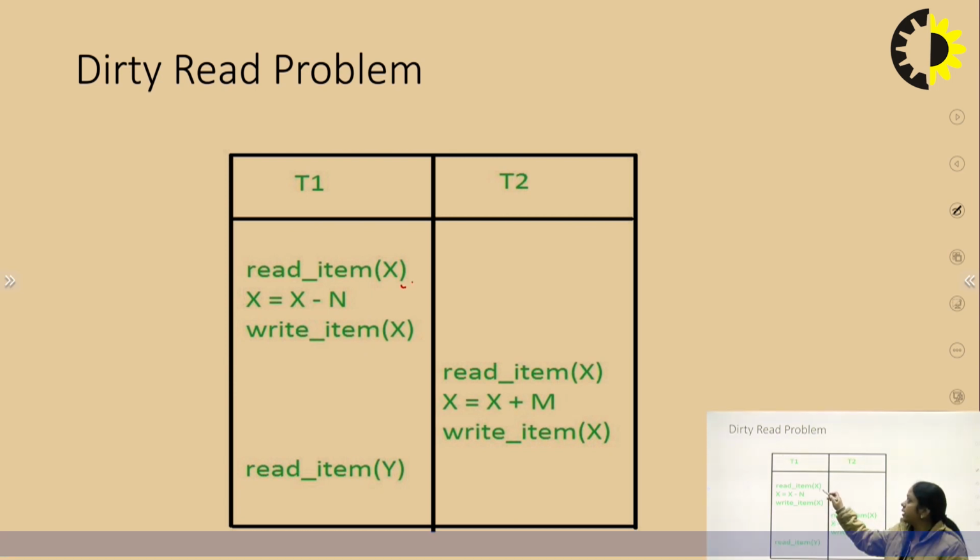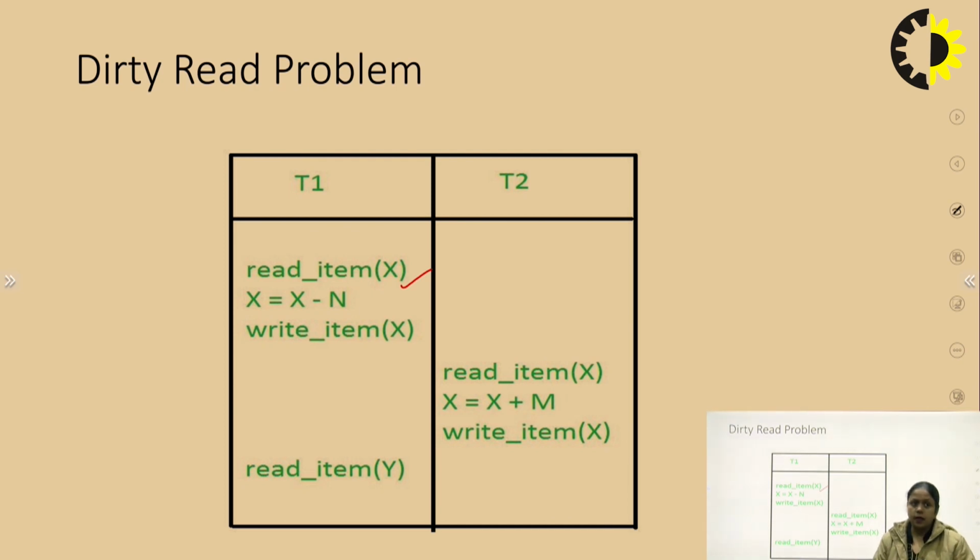This is the read item X. X = X - N. Now this value will be written with the help of the write operation. Now you can see the value of X is written by the transaction T1, and this value is again read by the transaction T2.